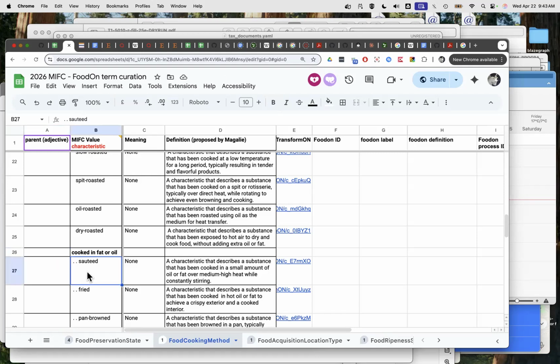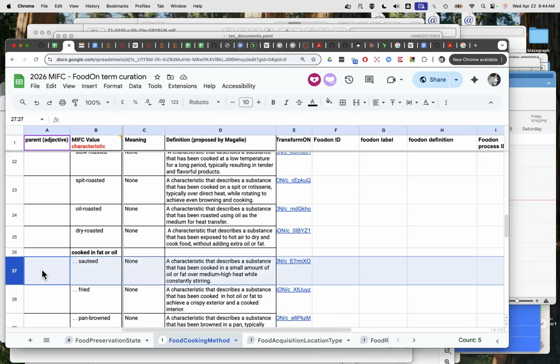Because you wouldn't sauté spices to make them aromatic, it'd be a dry heat for that. But you'd use the same pan just with some oil or water to sauté vegetables. Right. So sauté jumps across the border there.